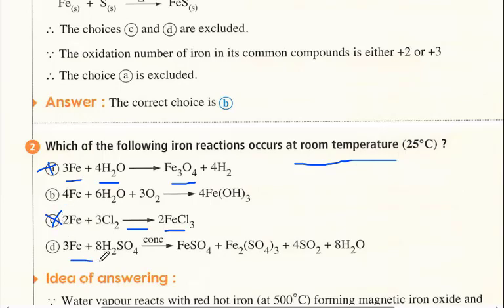Iron with the strong acids, with concentrated acids, needs heat, so it is not at room temperature, so it is wrong. So the correct answer is iron with water and oxygen forming ferric hydroxide, or iron 3 hydroxide. It is the rusting reaction.